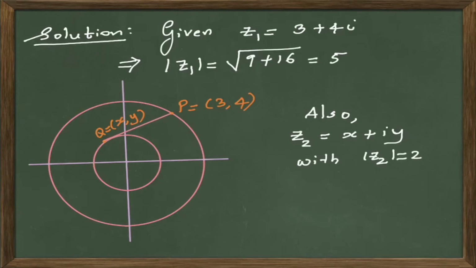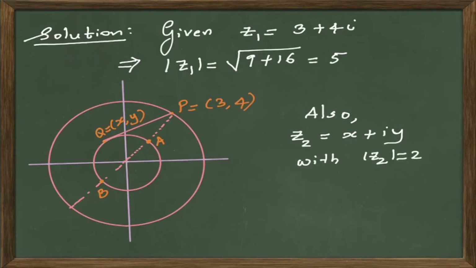Now, from the diagram, it is clear that the point Q will be closest to P when Q is at the point A, whereas the point Q is farthest from P when Q is at the point B. What are these points A and B?